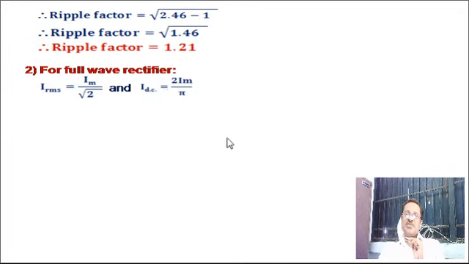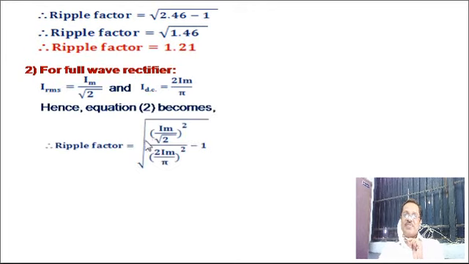Now substitute these values in equation number 2, that is ripple factor equal to under root IRMS square upon IDC square minus 1, as we have seen in the last equation. So this equation will be under root of Im upon root 2, squared, divided by twice Im upon pi, squared, minus 1. On simplifying this equation, we get ripple factor equal to under root pi square divided by 8 minus 1.